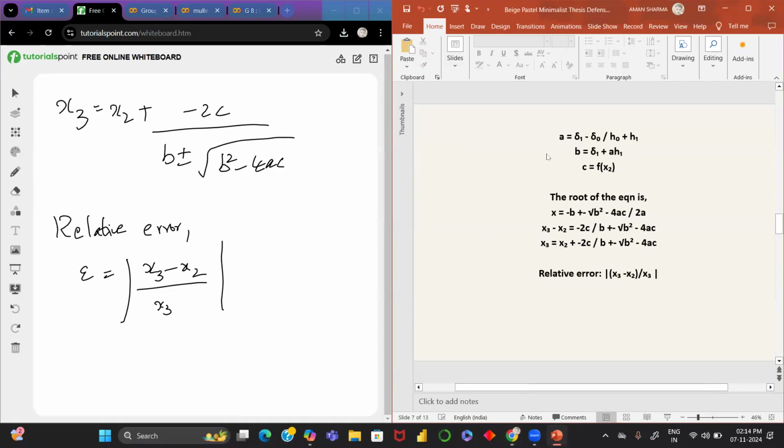And if the error is greater than the tolerance, we go to the next iteration. For the next iteration, we modify the initial guess as x0 is equal to x1, x1 is equal to x2, and x2 is equal to x3, and we find the root and repeat this. The problem part will be explained by me.